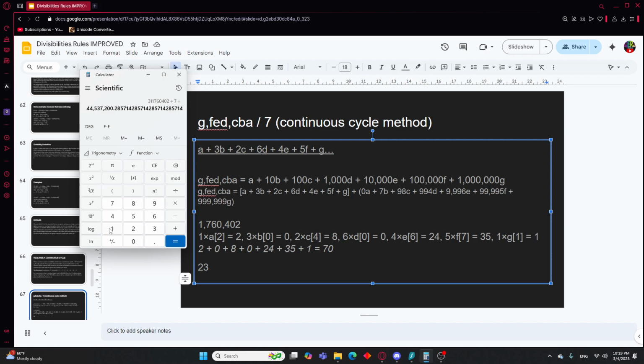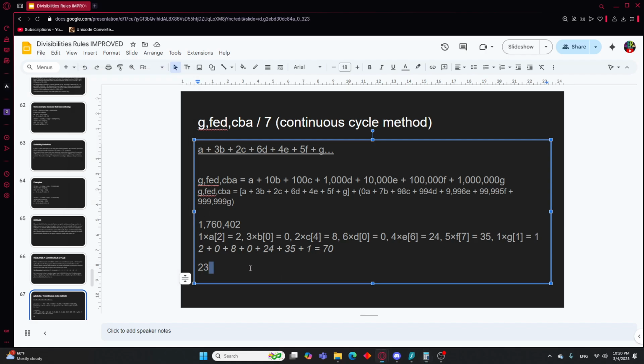Okay, it still didn't work. 2 times 3. Oh, I see. This is one number too large. So I have to subtract by 100 million. This is the number I should be. Yeah, there we go. Hey. All right, so hopefully you can see why that works.